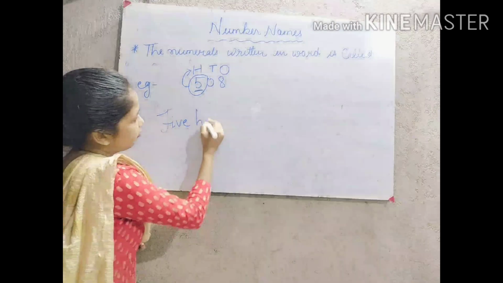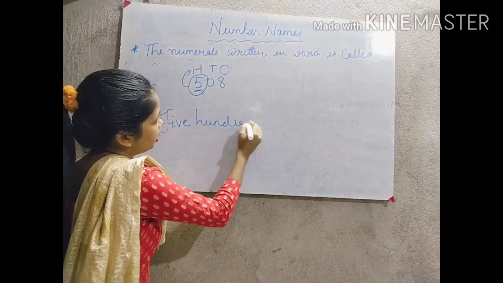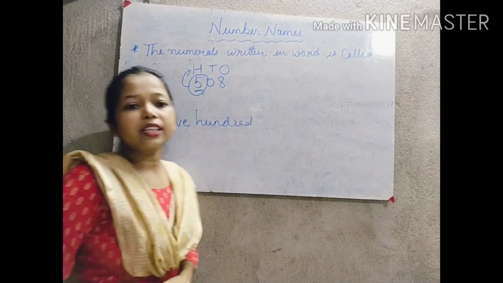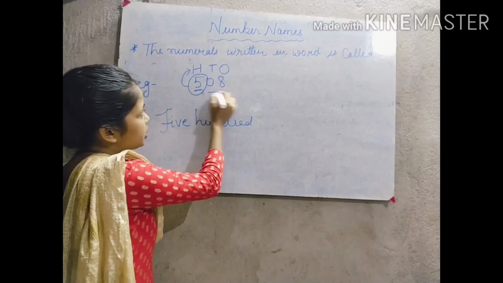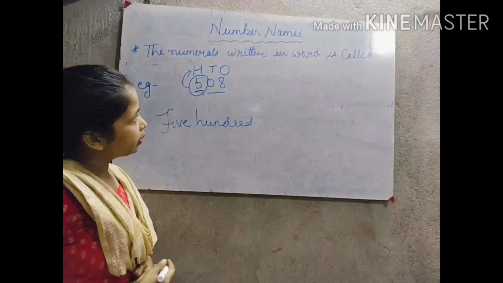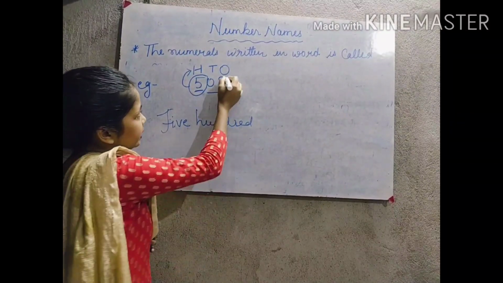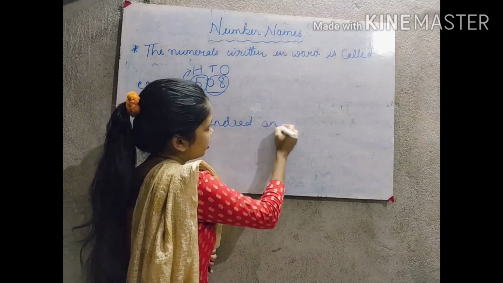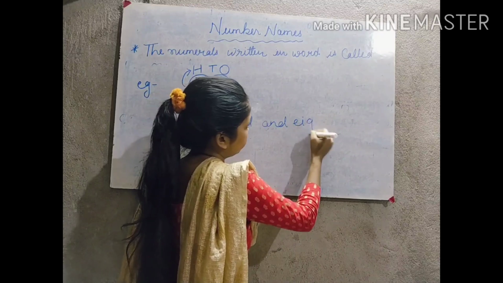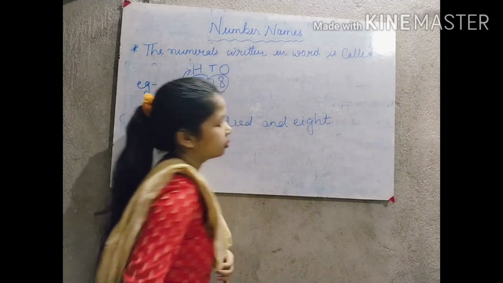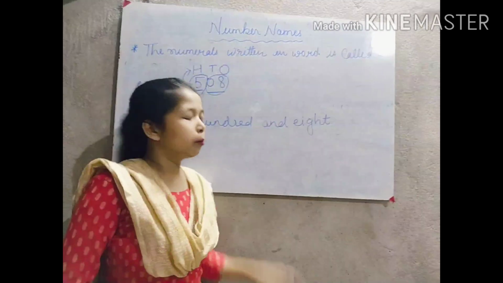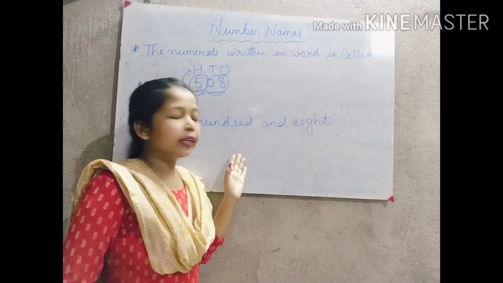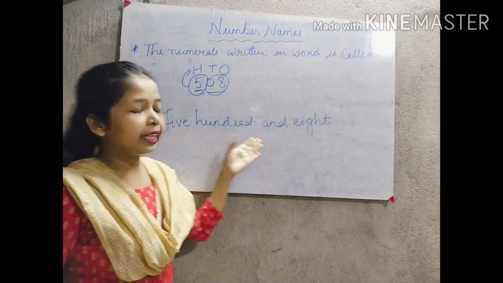Next, it is followed by the last 2-digit number, that is 8. So we will write here 508. Now the number name will be written as five hundred eight.